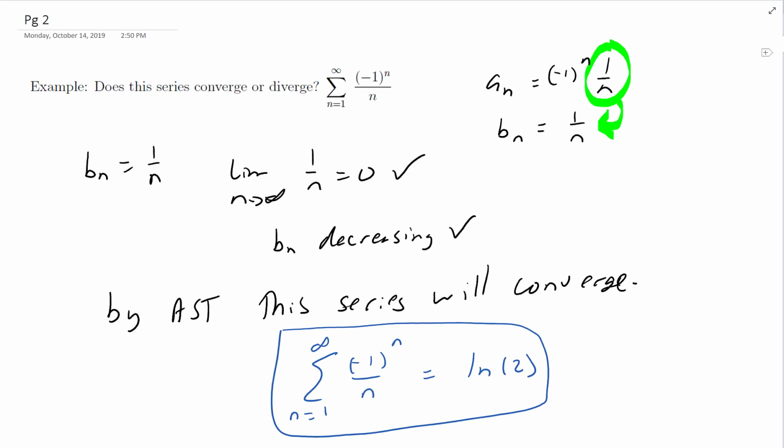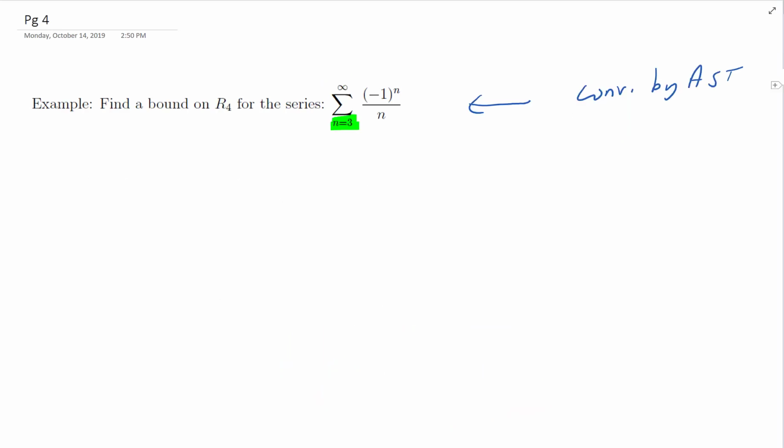Because if you start off at 1 and you know all these terms are decreasing and the terms go to 0, by starting off at 3 you have the same conclusion. So the starting point doesn't tell you really much on convergence or divergence. It is what the ending of this series does, or what the terms do. The starting point affects what this actual sum is, and it will affect our error estimate.